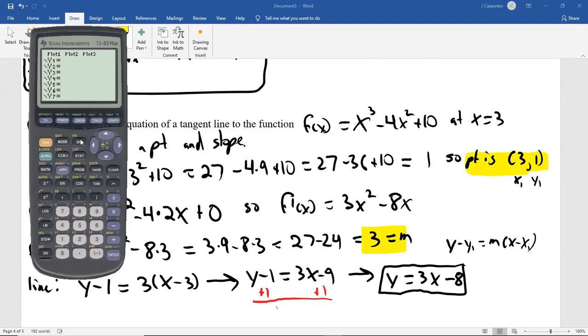So what I'm going to do is graph the function x cubed minus 4x squared plus 10. Let's just see what this looks like by itself. Pretty standard looking polynomial. This looks like it hits the x-axis over there at about -1.